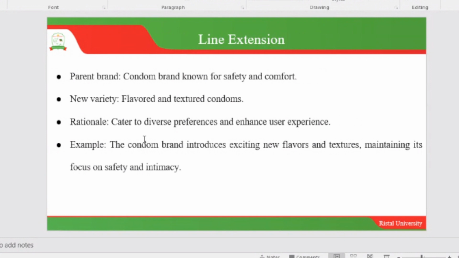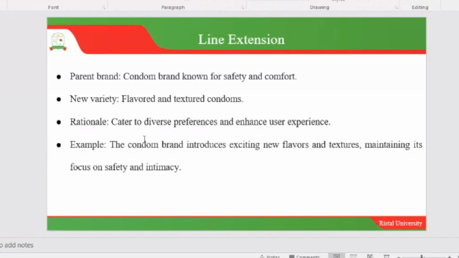Then we look at the line extension. When you're referring to line extension, you're looking at how you're just modifying a brand. You're just modifying what you had. This is more of modification, what we looked at in modification.